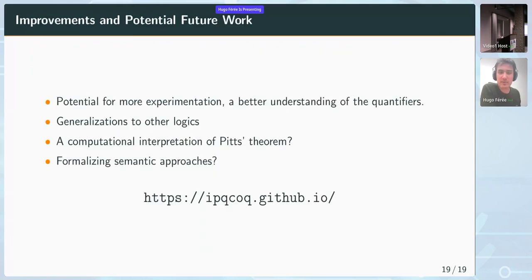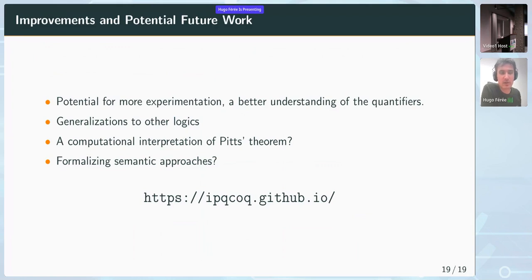Okay, to summarize, there's room now for potentially more experimentation now that we have an actually executable tool. The main point maybe for the future is to generalize this theorem to other logics.